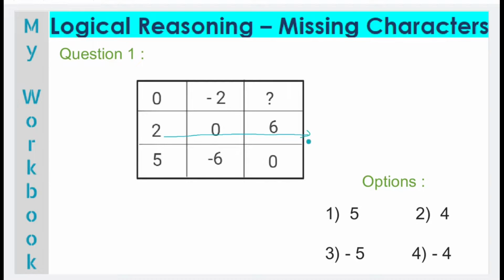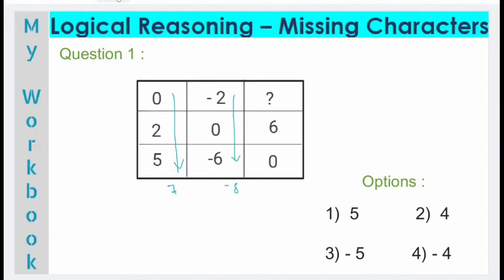Sum of the elements in the second row is 8 and sum of elements in the third row is -1. There's not much similarity. So let's try finding the column wise total. It is 7 and then it is -8. So here again there is no pattern.